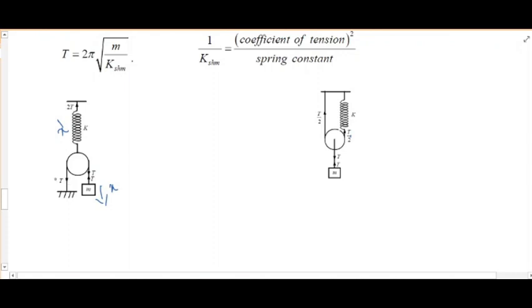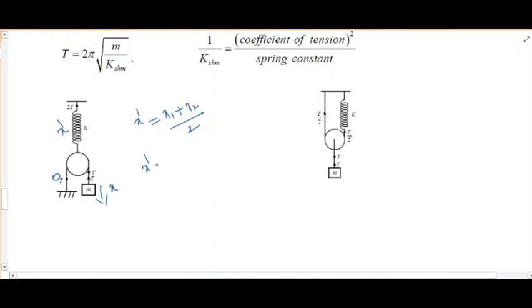This end is connected to a fixed support, therefore in this case elongation is 0. Therefore here X dash is equal to X1 plus X2 by 2. This is the concept we already noticed in laws of motion.